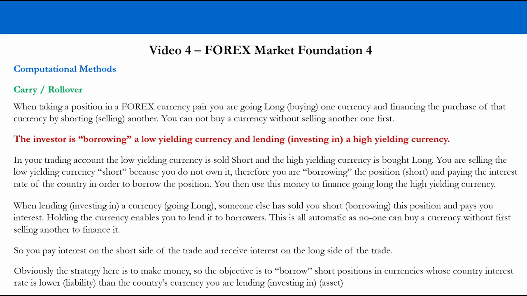Now, when we're looking at this thing that we call carry, what you're trying to achieve is basically borrowing a low yielding currency and lending or investing in a high yielding currency. So you borrow at a low rate and you buy a currency that pays a high rate.